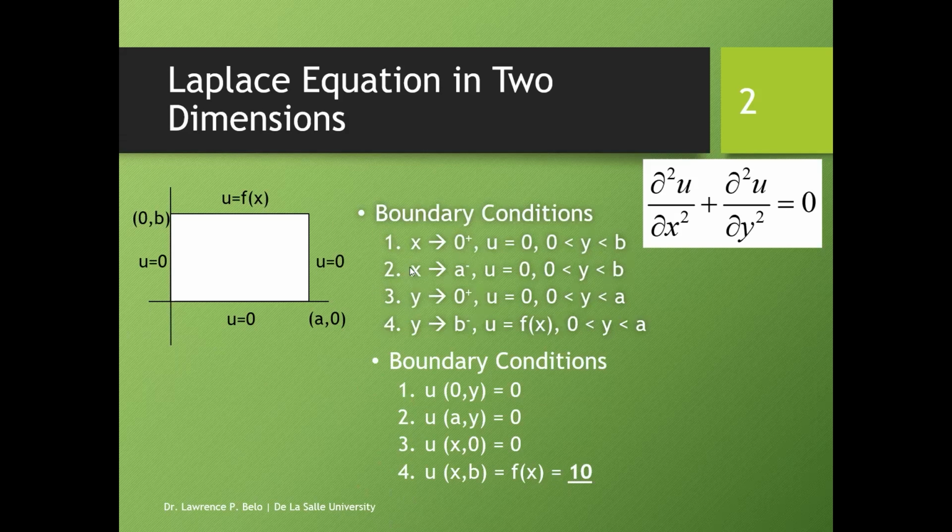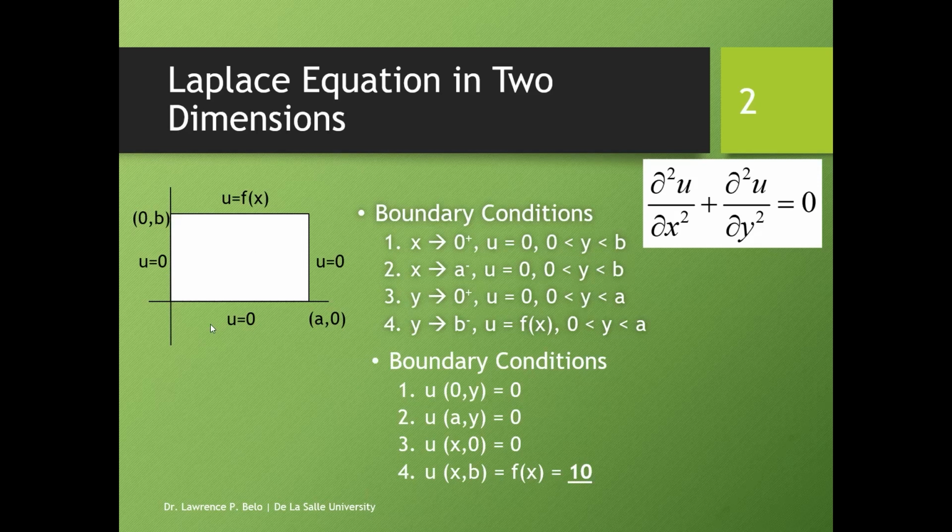So what are the boundary conditions? First, as x approaches 0 from the right, u is equal to 0, for y greater than 0 up to less than b. And then as x approaches a from the left, so this other side, u is also equal to 0 when y is 0 to b. So that means this whole side is at 0, the whole left side.